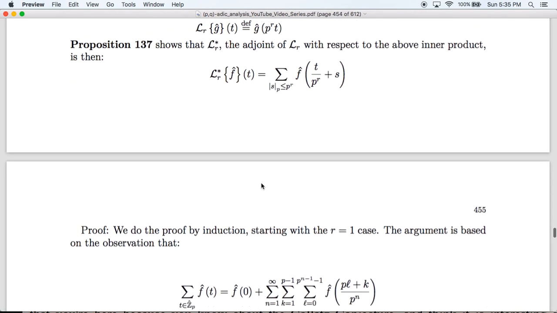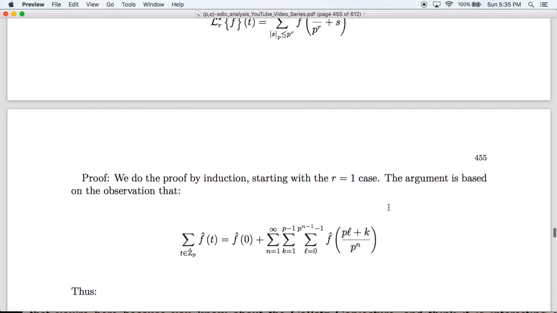So we start by induction on r equals 1, and then the argument comes from the observation that if we want to sum f hat over all t in Z_p hat, well, let's write them all out. This is f hat of 0, and then for the non-zero elements, every non-zero element of Z_p hat is going to be a rational number, strictly between 0 and 1, whose denominator is a power of p, and whose numerator is co-prime to p.